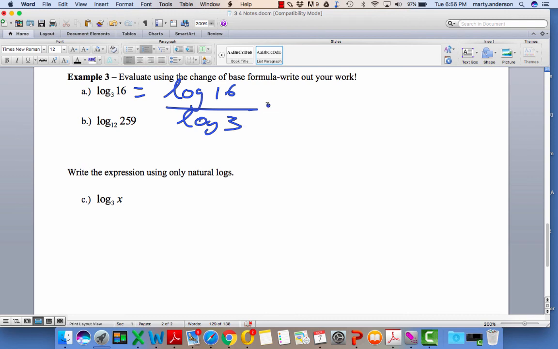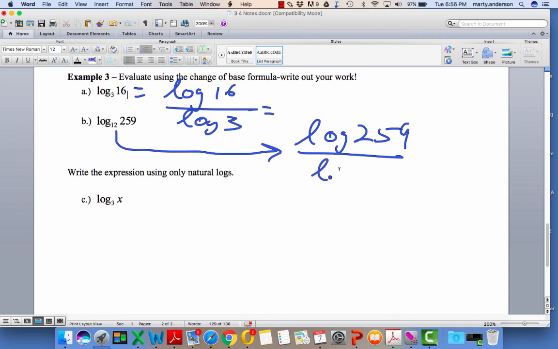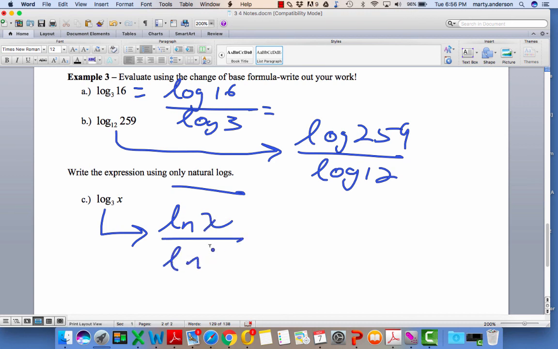And now you can type that into your calculator. This guy here can go log 259 over log 12. Now they're both base 10. They're using the common log. Down here, natural log. You can change it. That's just a log of the base of e, isn't it? ln of x over ln of 3.